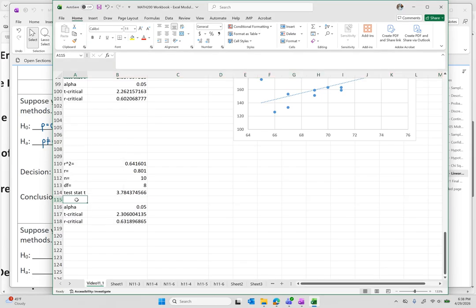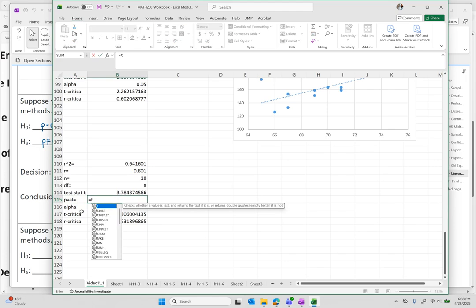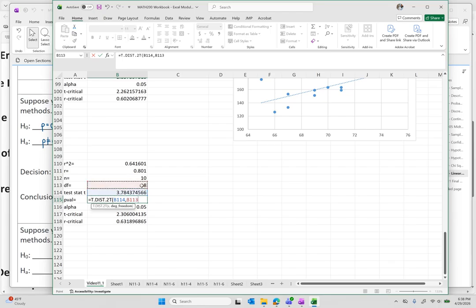All right, let's calculate the p-value using the t distribution. So equals T.DIST.2T, x is this test statistic, comma, degrees of freedom will be up here, and this is my p-value.